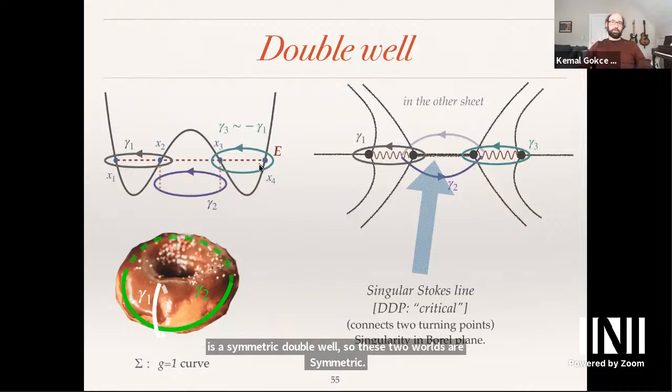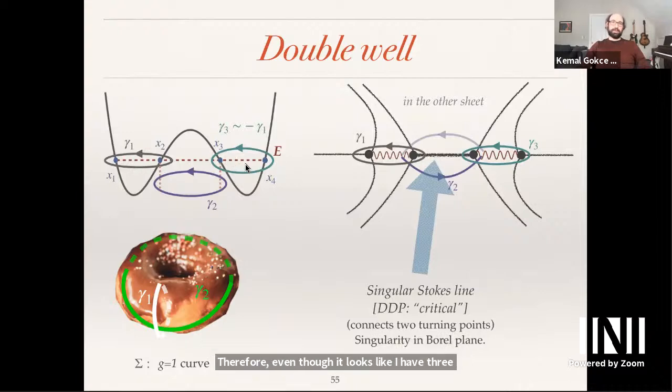Therefore, even though it looks like I have three cycles, this cycle gamma 3 is actually the inverse of my first cycle, so they're identical with a minus sign. So I have gamma 1 and gamma 2. And again, our spectral curve is a torus, and these two cycles are associated with two independent cycles of our curve. Okay. Now, recall the Stokes graph of my double well.